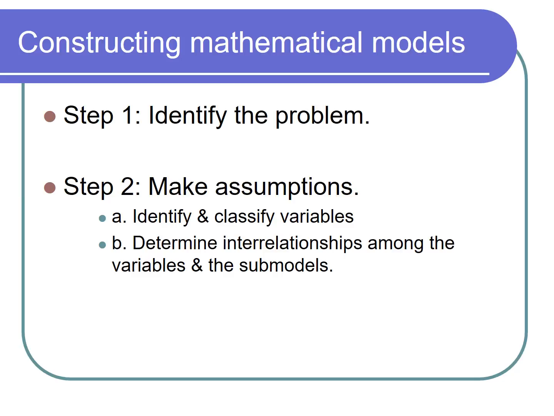And then identify and classify the variables involved, and determine the interrelationships among the variables and the submodels. As you build a more complicated model, you may have a submodel for one aspect of it, and then you're trying to build upon that.